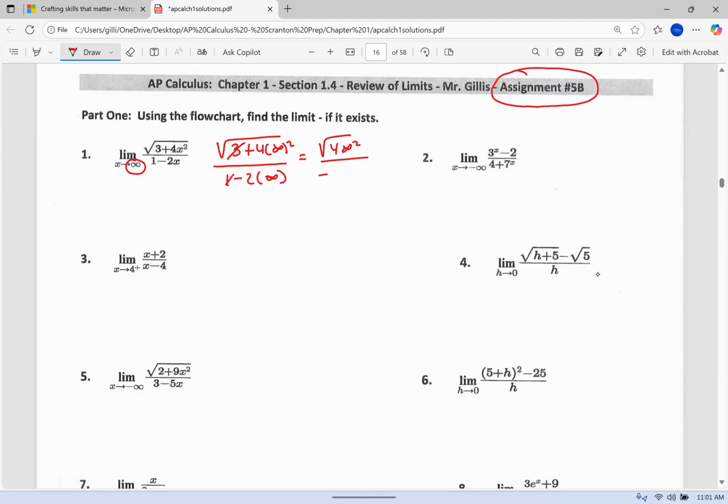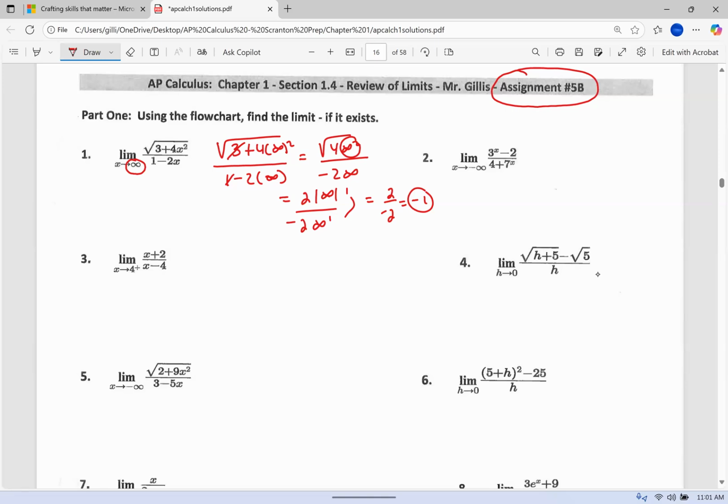This 1 will not matter out towards infinity. The square root of 4 is 2, but the square root of infinity squared is the absolute value of infinity, over this minus 2 times infinity. They are both infinity to the first, so it's going to be a tie. So it's the coefficient in the top over the bottom, or negative 1.